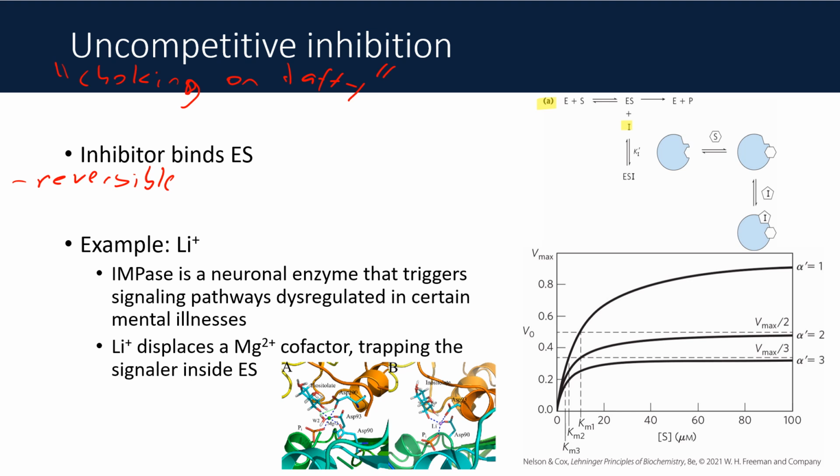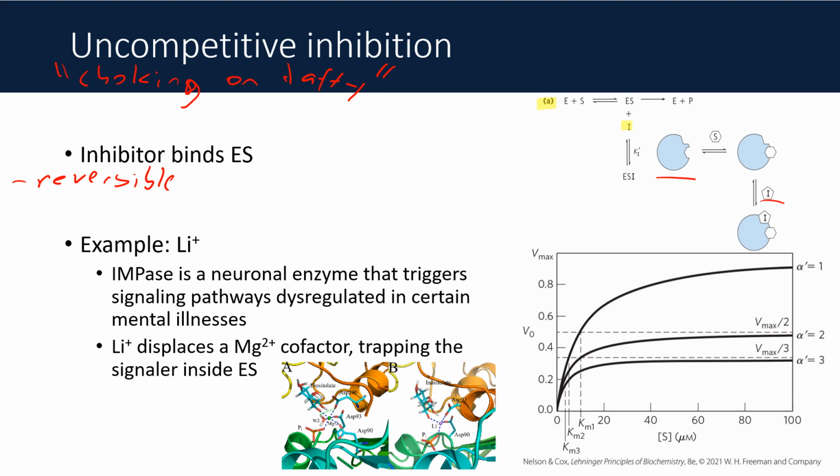But check it out. This enzyme over here is going to bite down on our substrate, and then the inhibitor is going to come in and it's going to glue the enzyme's mouth shut around its food, around the substrate. So it's kind of like we're choking on the taffy here.